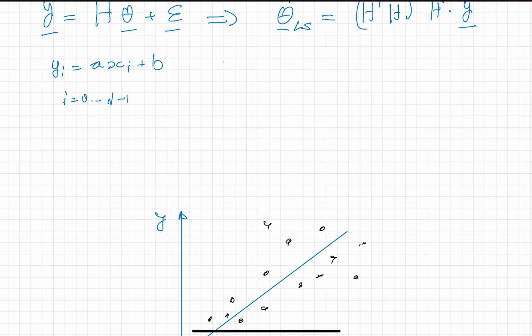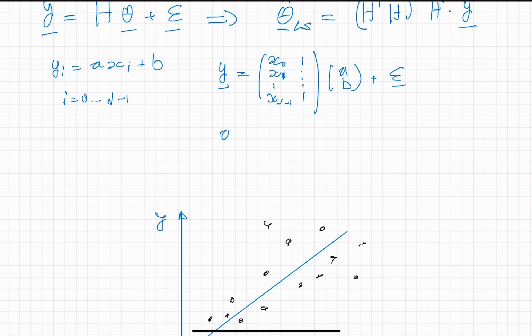In a matrix vector form, it will look like y vector equals, let's open brackets here and put x0, x1 to x sub n minus 1 and a vector of 1s here times A and B, plus an error term epsilon.